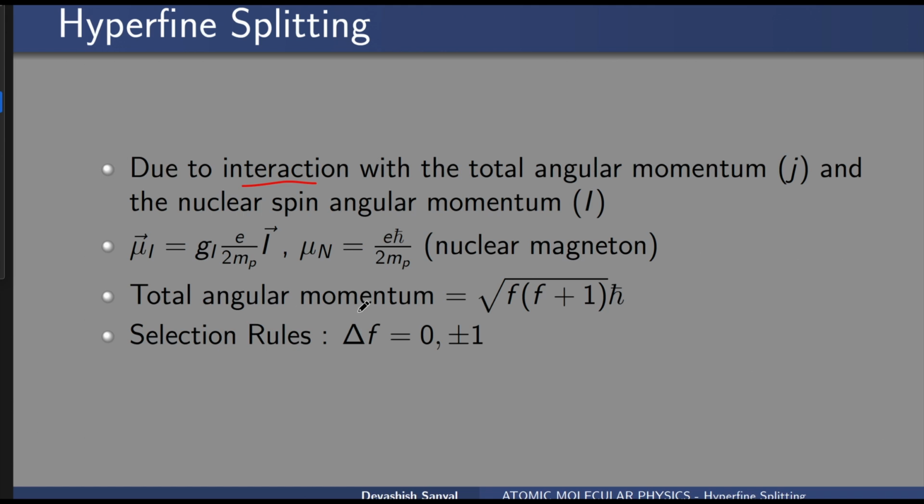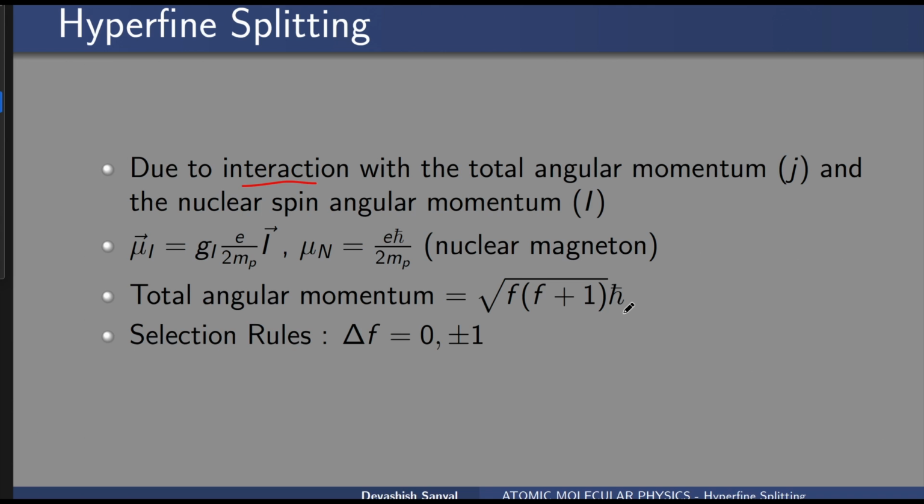Because of this, we can now define the total angular momentum, which is due to J and I. So J vector plus I vector gives us the total angular momentum of the atom, and its value is given by F into F plus 1 times h cross.